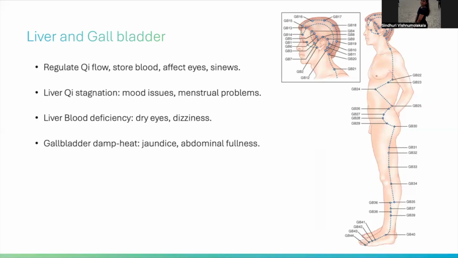The gallbladder stores and excretes bile that is produced by the liver. So while the liver produces bile, it has to be stored at some point. So the gallbladder offers its ground to store bile and excrete.